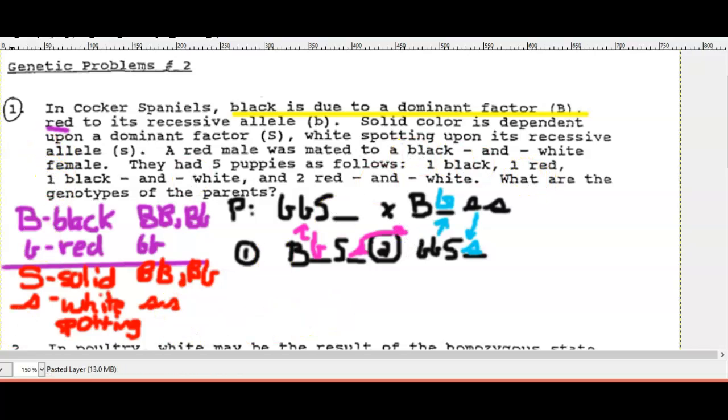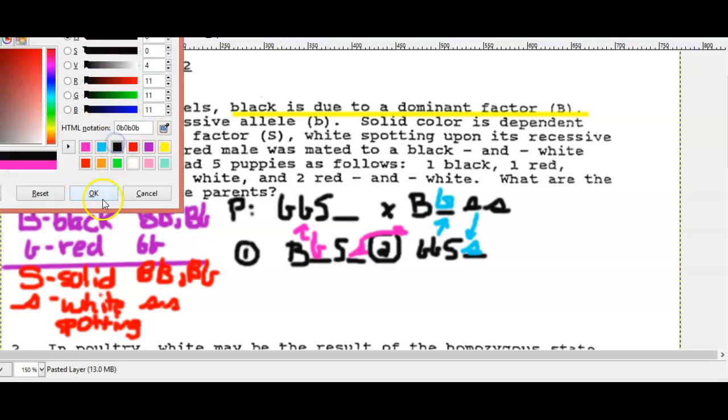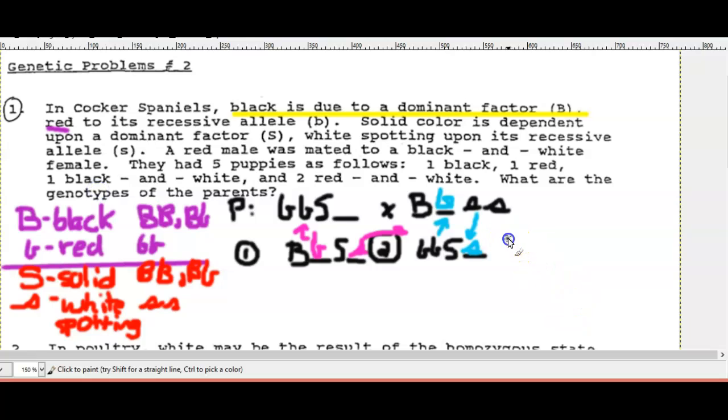Now we have a black and white puppy. So black, that has a big B, and white. And we know that one has to be two little s's.